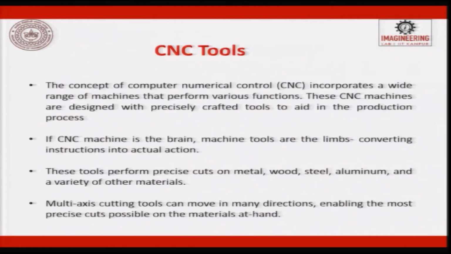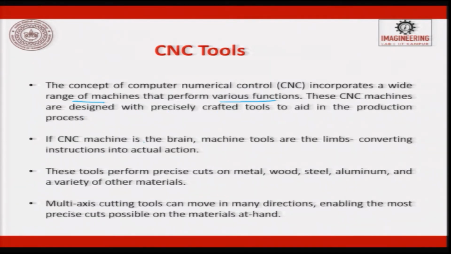The concept of CNC incorporates a wide range of machines that perform various functions. CNC machines are designed with precisely crafted tools to aid in the production process. Tools play a very important role.